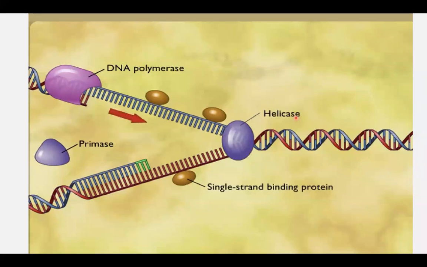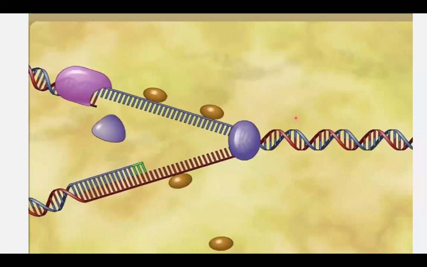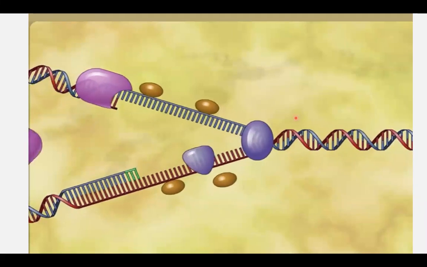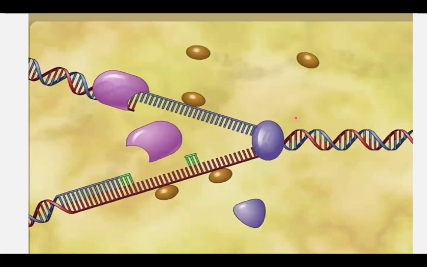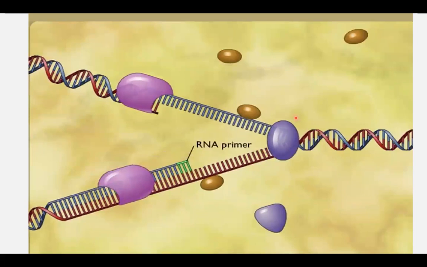One strand is replicated continuously towards the unwinding, separating portion of the original DNA molecule, while the other strand is replicating discontinuously in the opposite direction, with the formation of a series of short DNA segments called Okazaki fragments.